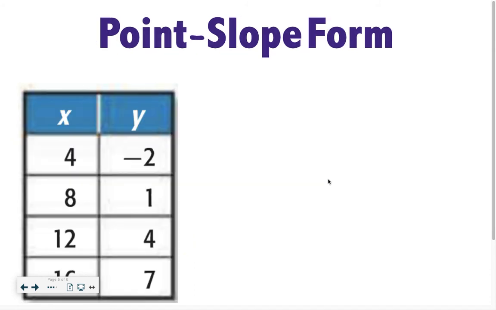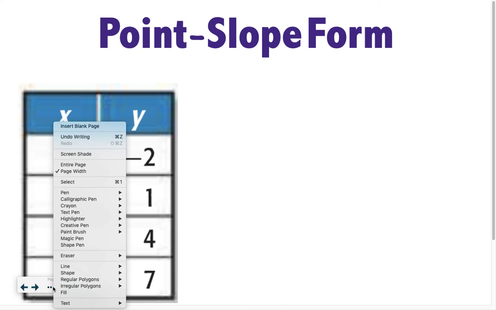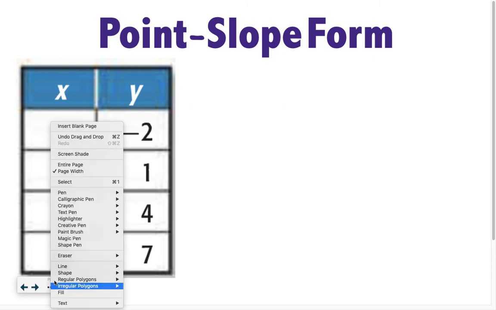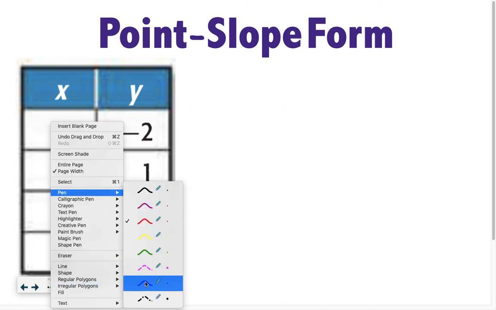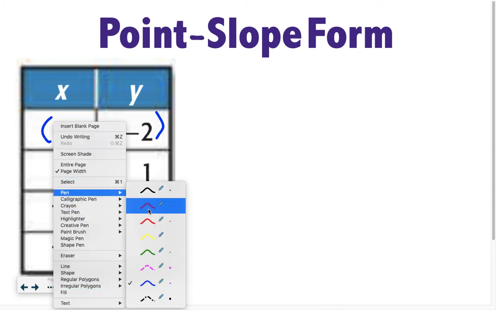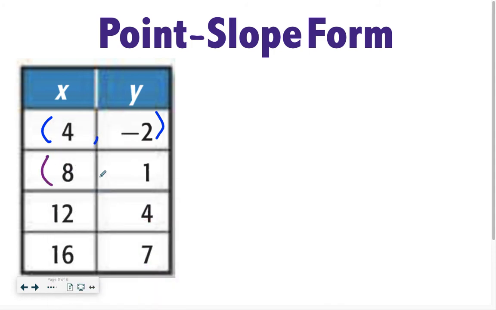Okay, so now let's look at what if I give you a table. So here's a table, and this ends up working the same way. These are all ordered pairs. So I'd have x comma y. I would have another x comma y.